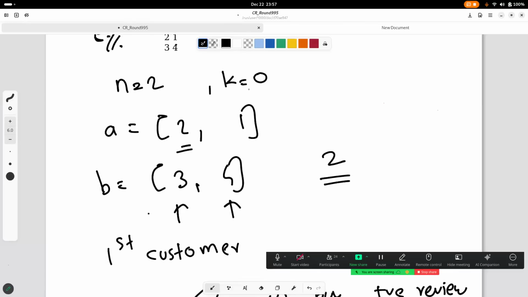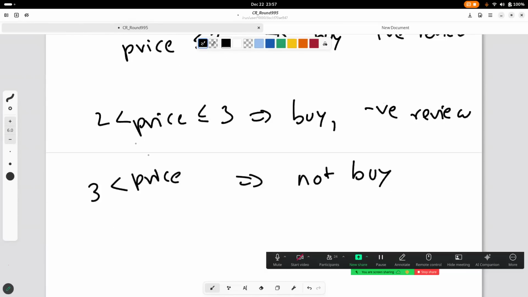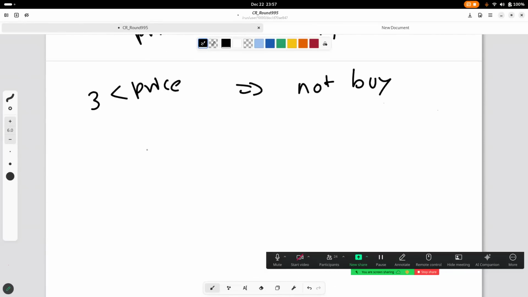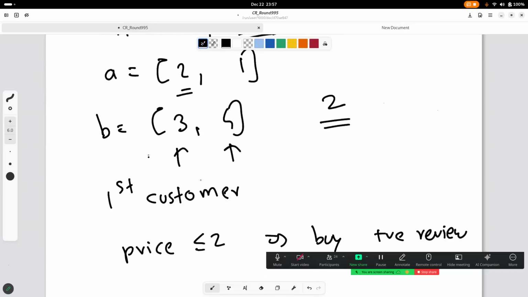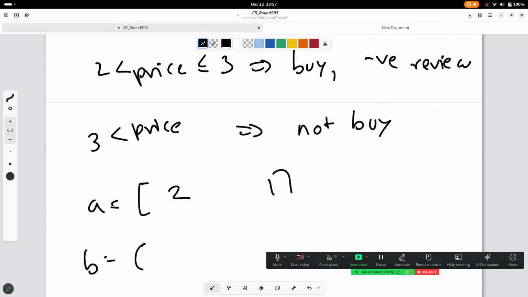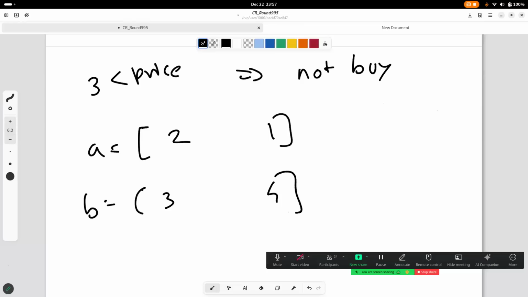And basically over here you could have 0 negative reviews. So similarly for the second customer, A is 2, 1 and B is 3, 4. For the second customer, if the price is up to 1, like 0 or 1, in that case you will buy with a positive review.